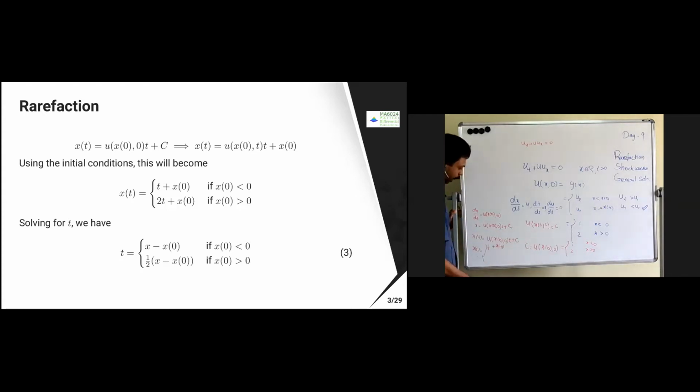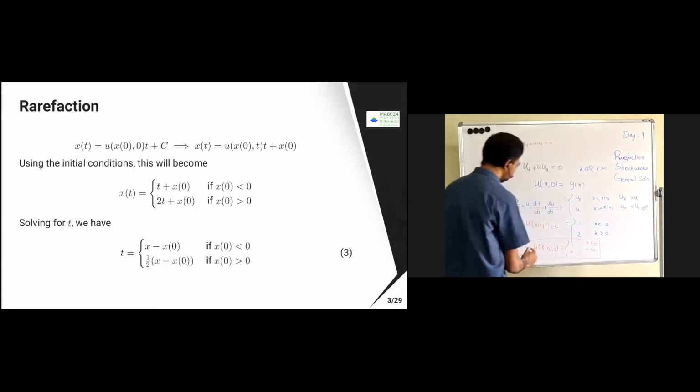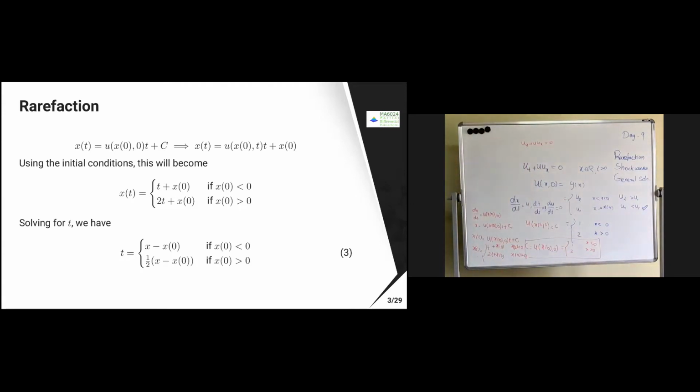This is when x(0) is less than 0. Now, if x is greater than 0, in that case this will become 2t plus x(0), where x(0) is greater than 0. So from this condition you see that you have two kinds of things.